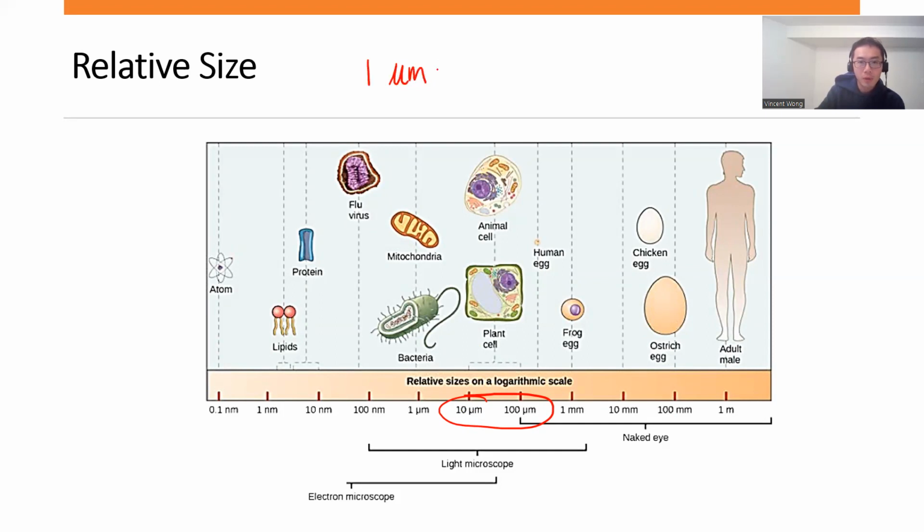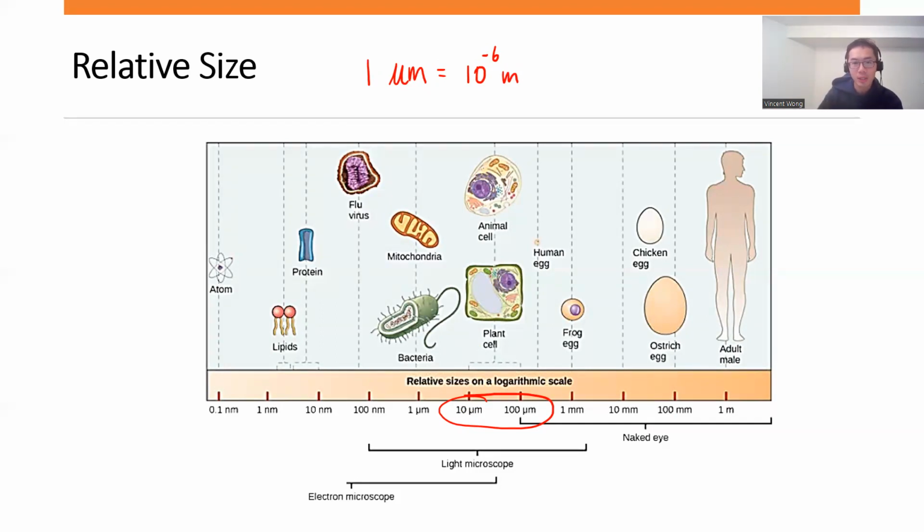So 1 micrometer is 10 to the -6 meter. It's a millionth of a meter. So you take a meter and divide it by 1,000,000, then you get 1 micrometer.